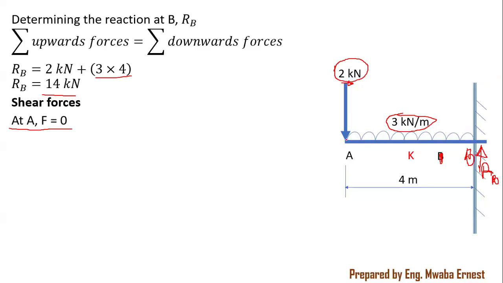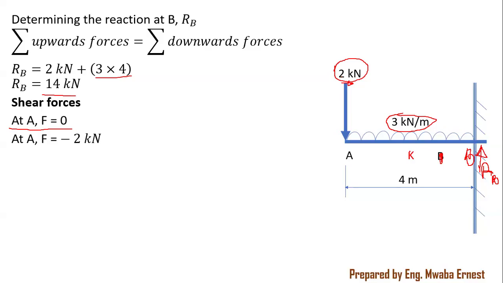It means that even the UDL acting there is negligible, but the point load has already remained on the left. What does this mean? It means that you have, for the same point A, -2 because it's acting downwards and remaining on the left. You have -2 kilonewtons.